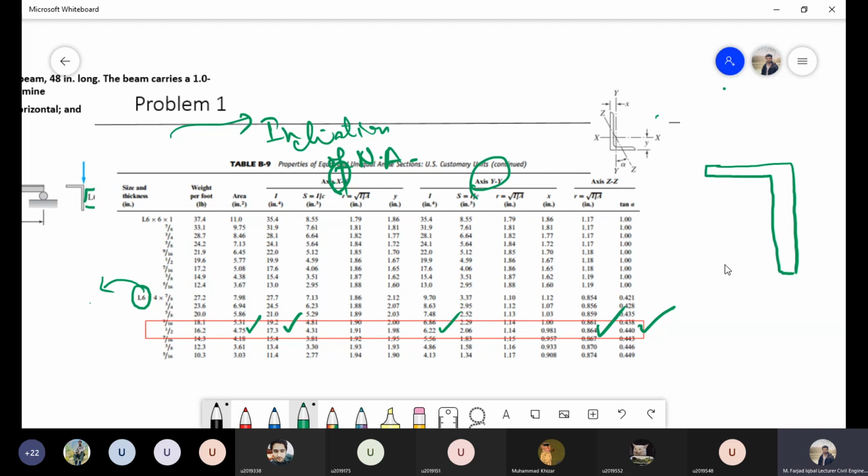For example, if it says this is L6, that means the total height of the section is 6 inches. And the third term over here represents the thickness of this particular section. For example, that is half inch thick.